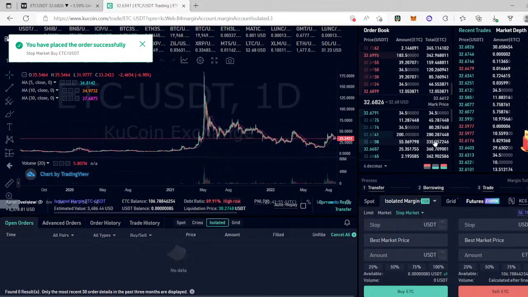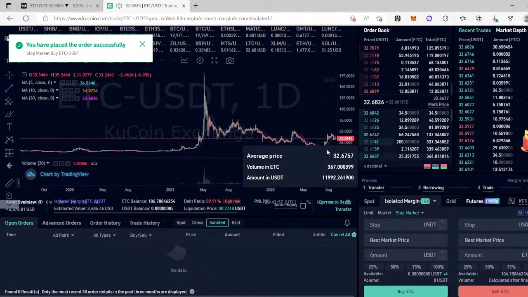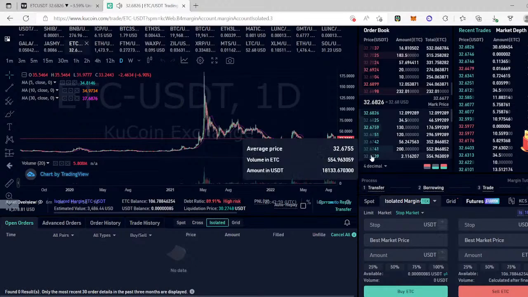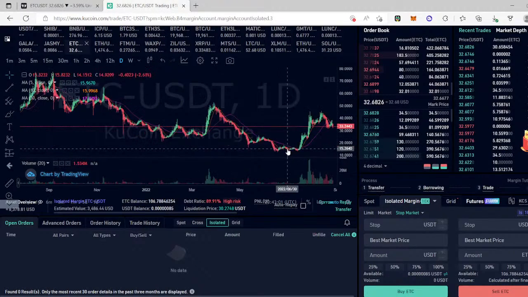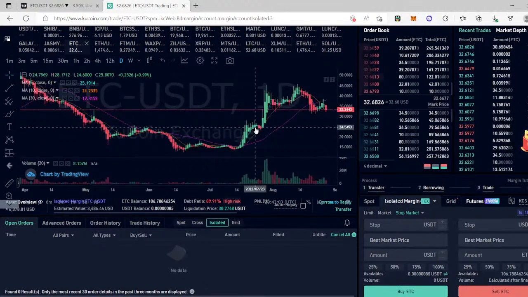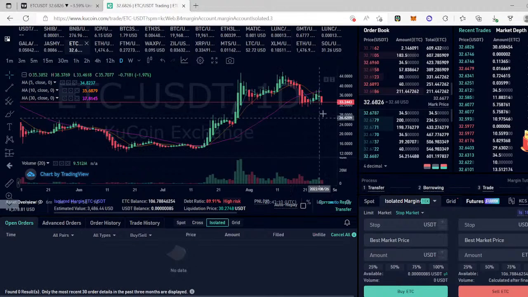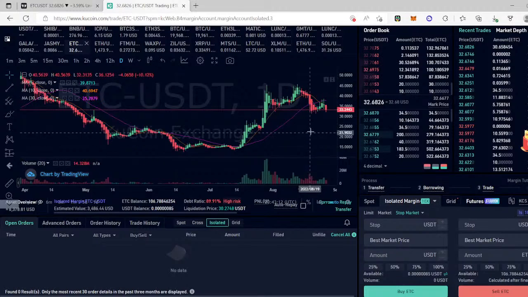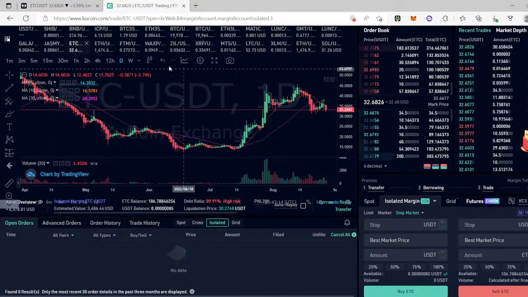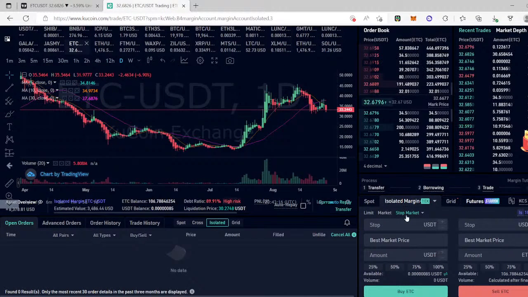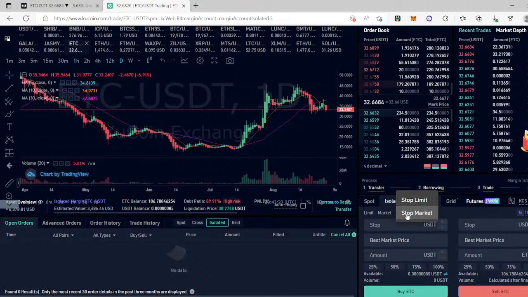And we missed our little jump there, but it should drop back down. There we go. It's going to be our play right now. Now, anytime you go into a trade, you always want to make sure that you have a stop market set up to sell if something goes wrong.